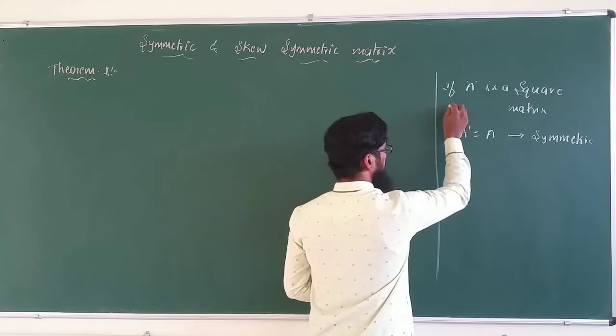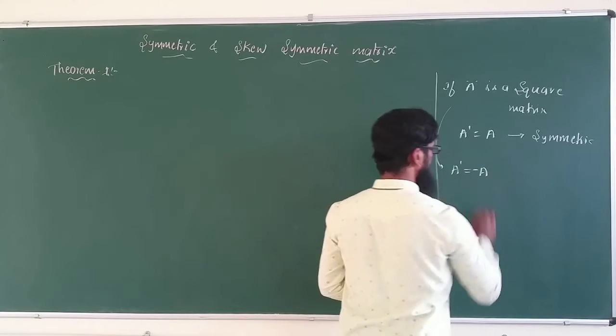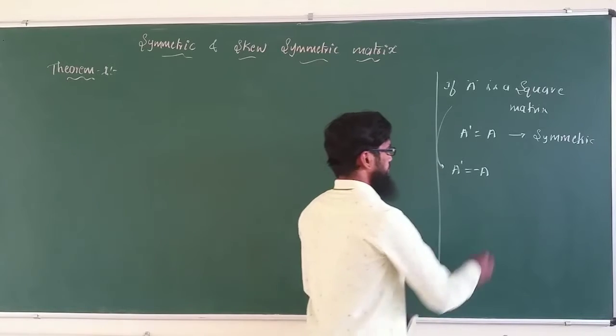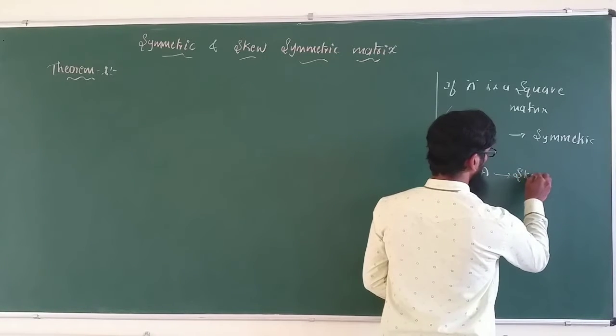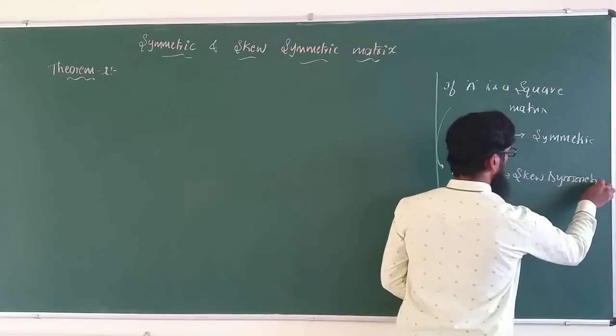Again, if A dash is equal to minus A, where A dash is nothing but the transpose of the matrix, then this becomes a skew symmetric matrix.